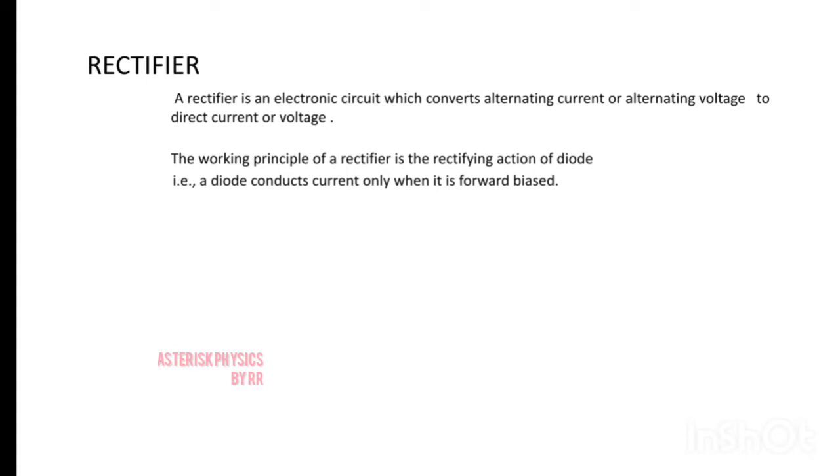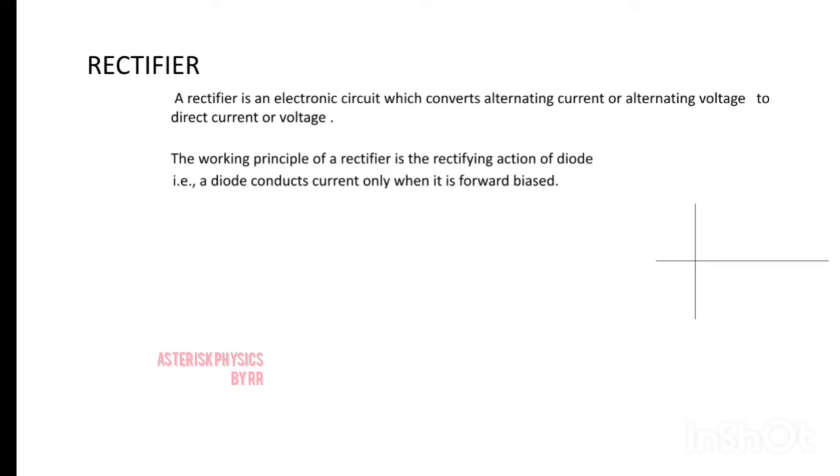So a diode conducts current only when it is forward biased, and during reverse biased condition, the current through the diode is practically zero. And this is the working principle of a rectifier, which is known as rectifying action of a diode.